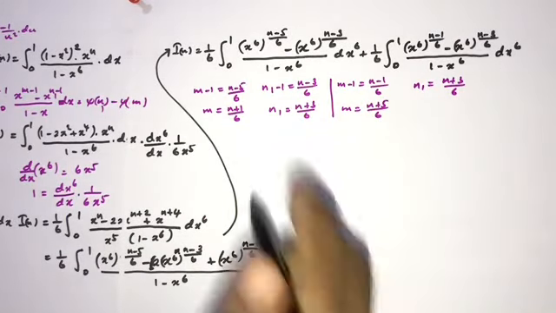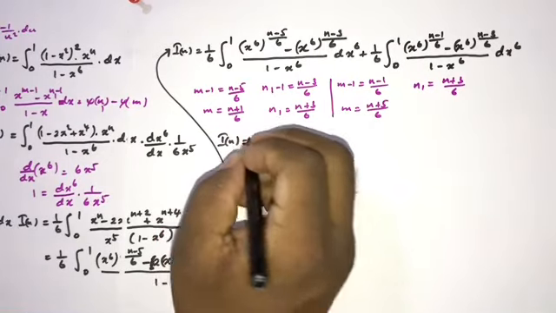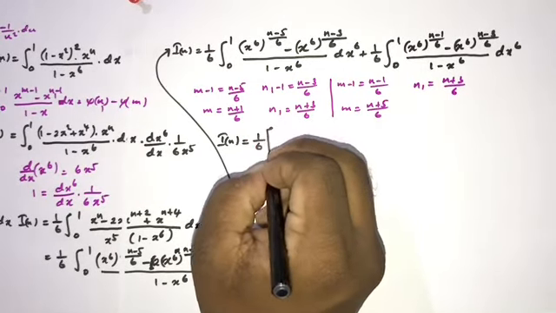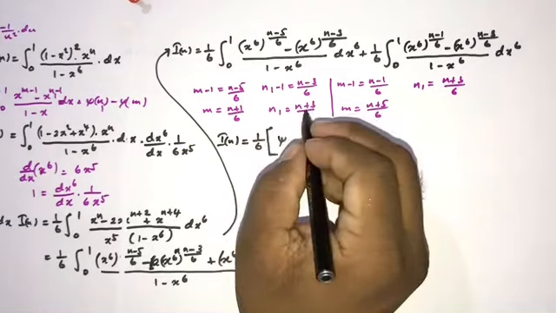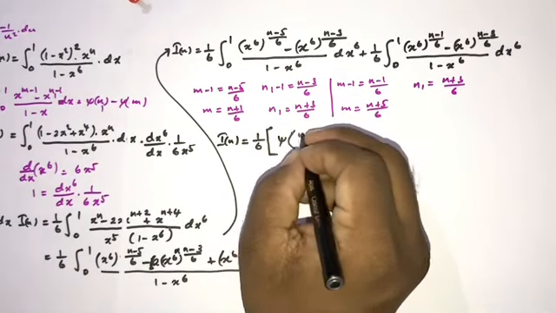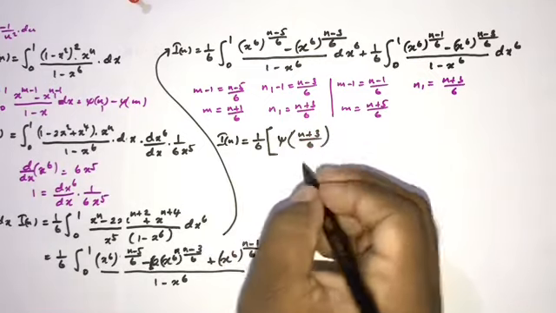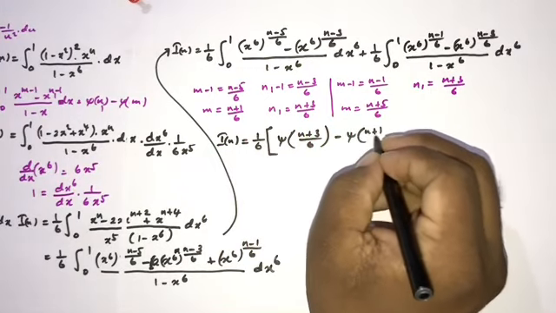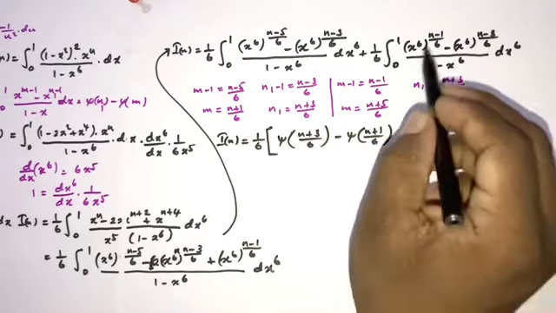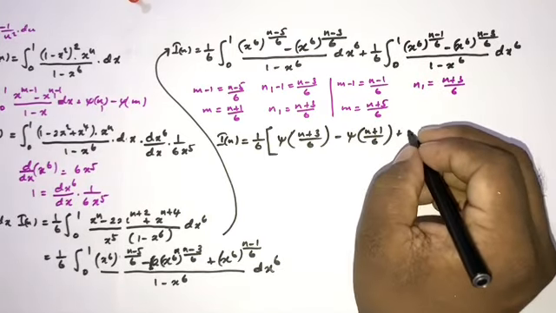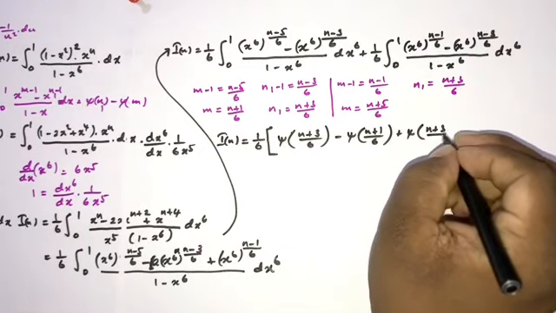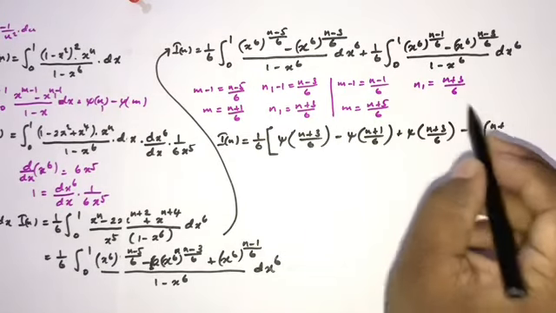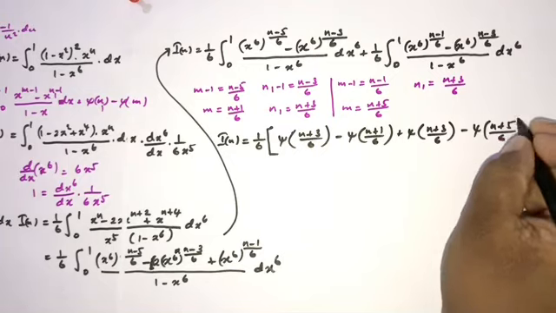Okay, then we can write I(n) is equal to 1 over 6 times digamma of n plus 3 over 6 minus digamma of n plus 1 over 6, then for this integral plus digamma of n plus 3 over 6 minus digamma of n plus 5 over 6.